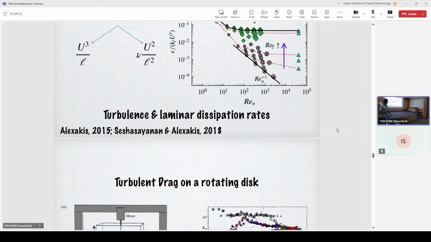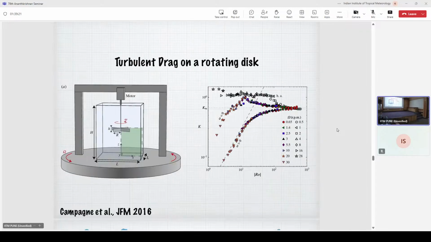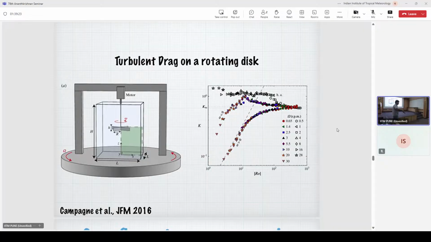And this was also tested in an experiment where they put a propeller in a rotating tank, and then they asked the question, how much power do you need to rotate the propeller, right? You rotate the propeller at a particular frequency omega, and you ask the question, what is the drag? So you put in a measurement of the power that is required to drive this particular propeller, and you measure what is the drag that the propeller experiences for different rotation rates.